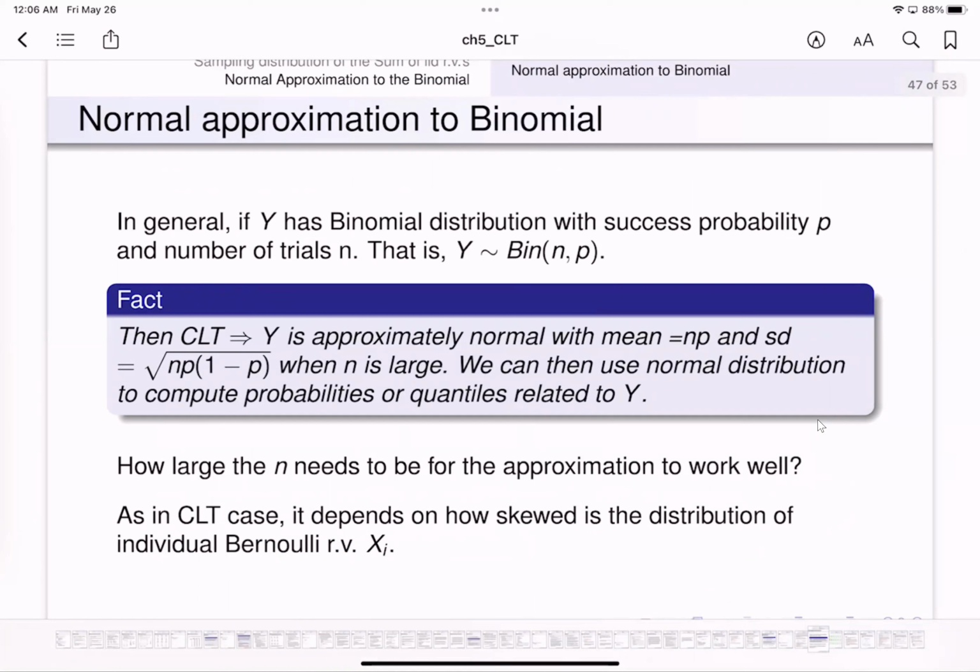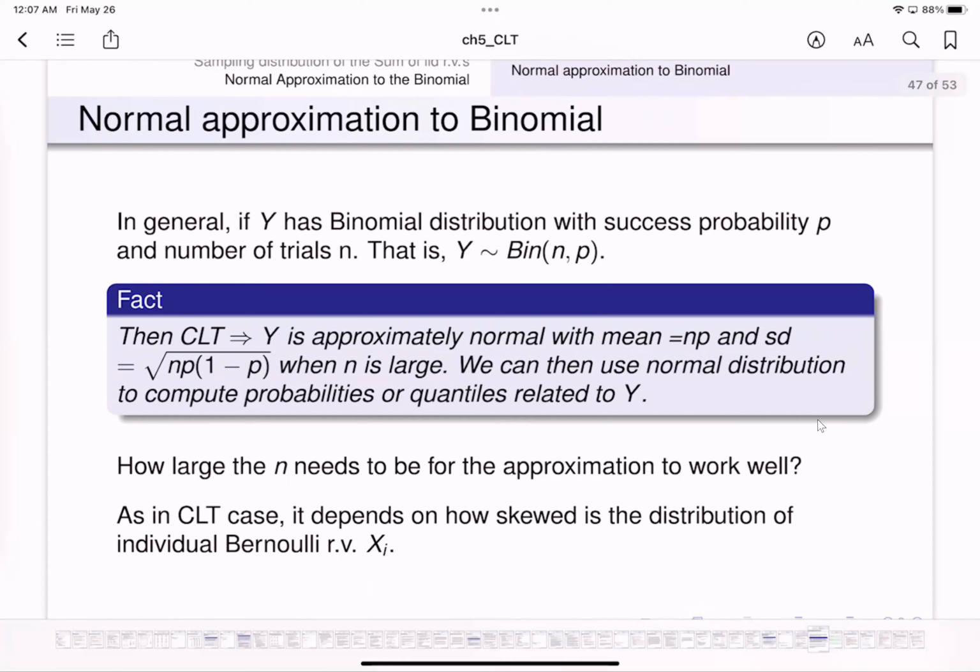And this binomial random variable can be approximated with a normal, with mean of np and standard deviation being the square root of n times p times 1 minus p when n is large. What that means is really that we can use the normal to do the computation of probabilities regarding a binomial random variable.